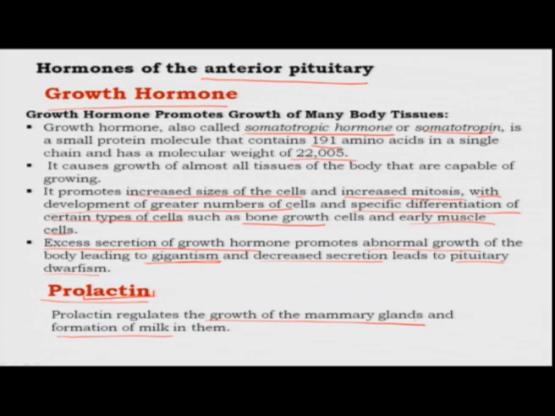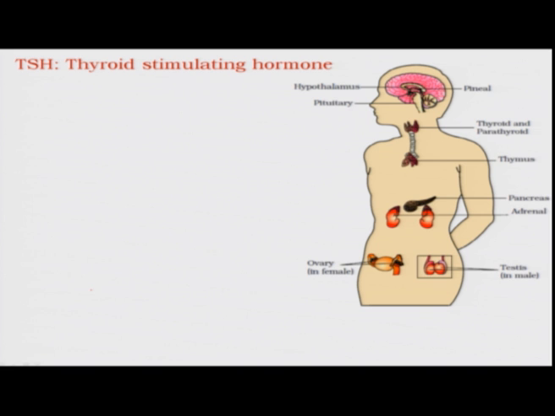So, it has to do with reproductive functions. When the mammary glands are required to produce milk, prolactin will stimulate this process. Then we come to the next one, which is TSH. Now we are moving down into the site of action of these hormones. We have already talked about prolactin, which acts on the mammary glands.